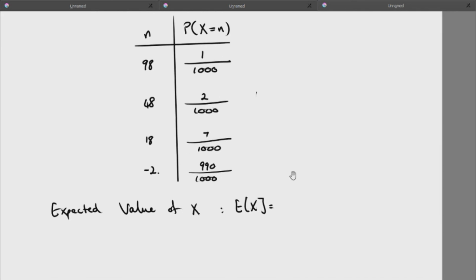Now here is the formula. It's not the easiest thing to explain why, but we can just use the formula. I'm going to take each of the values of x, multiply them by their corresponding probability, and then add them all together. The number times its probability, the next number times its probability, and I just keep going down the line.